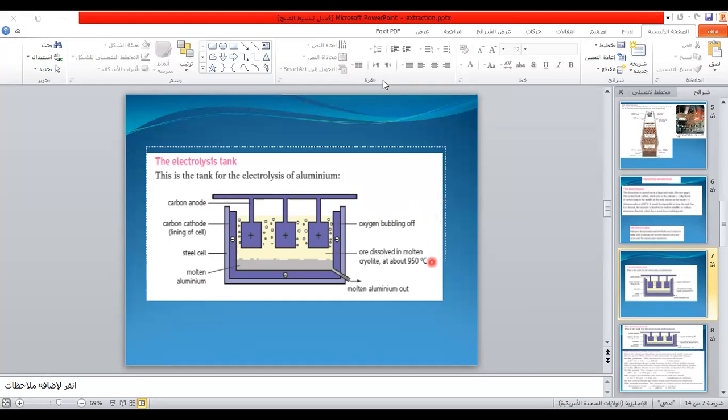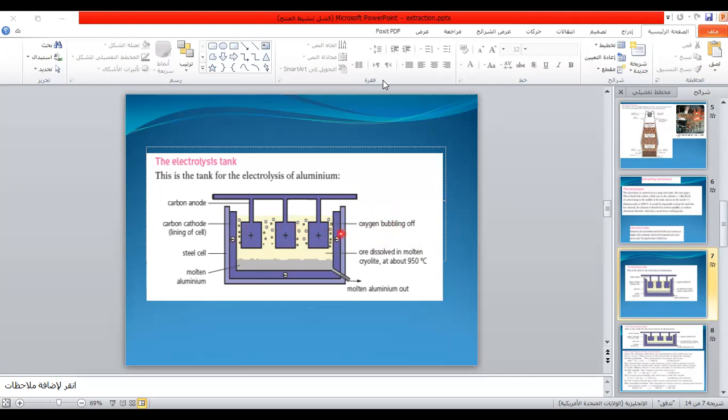I have a steel tank. This is a steel tank which acts as the cathode, which is negative. And here I have blocks of carbon. These are blocks of carbon which act as the anode.